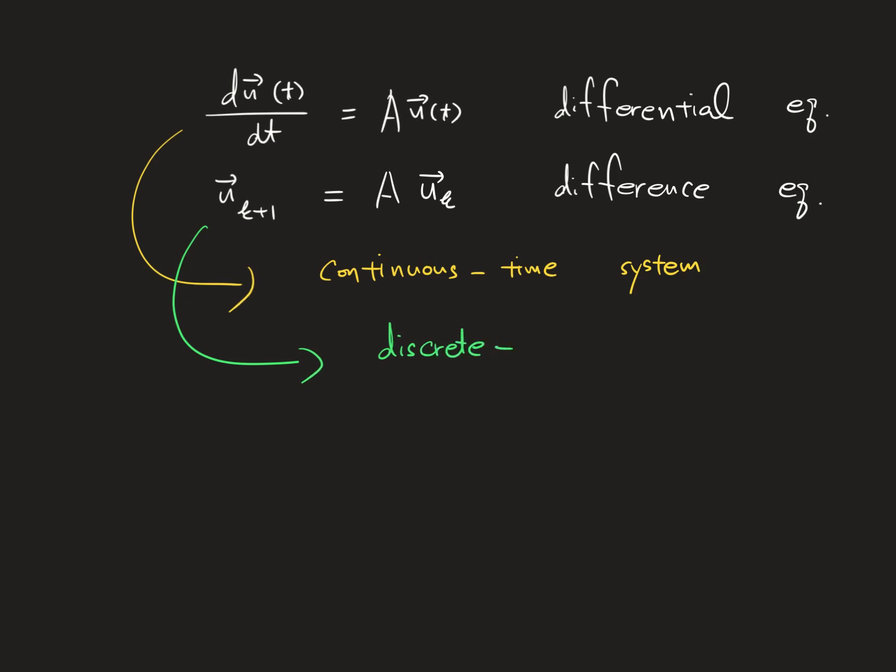So we're dealing with a discrete time system. Anyway, we want to solve that, but this kind of equation cannot be solved by Gaussian elimination.